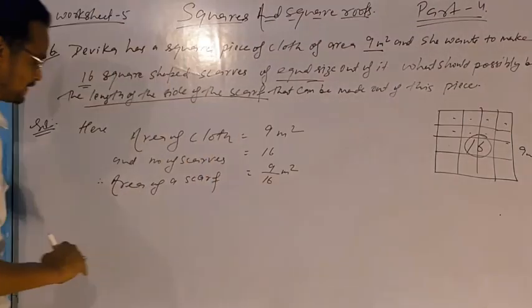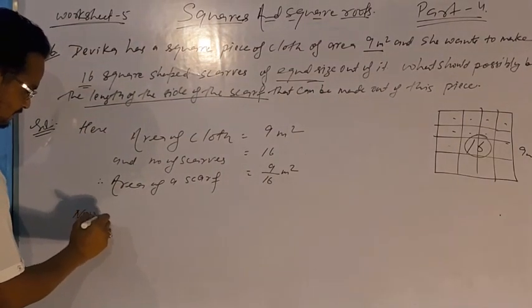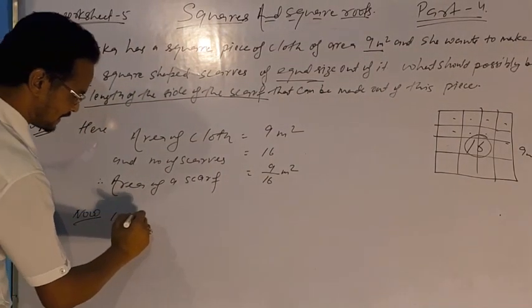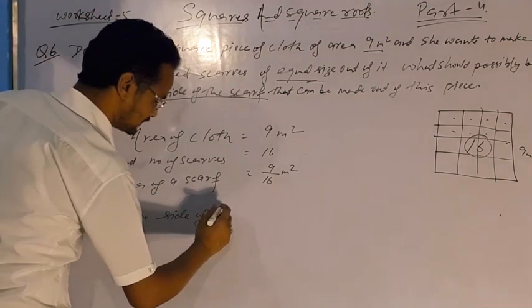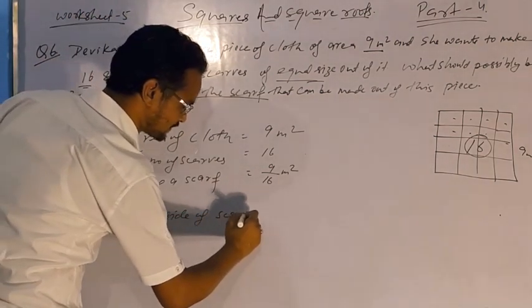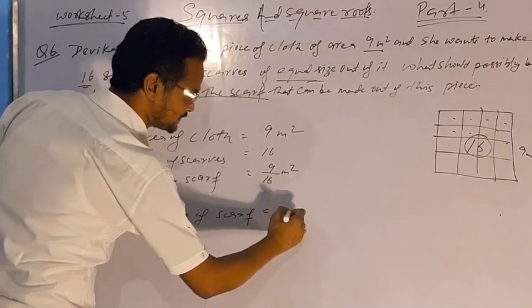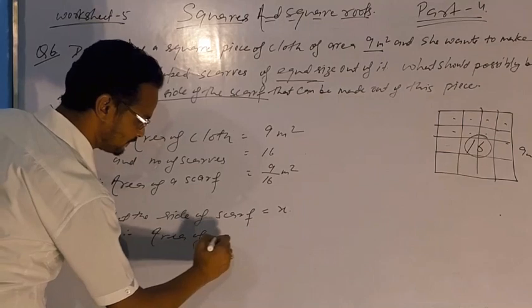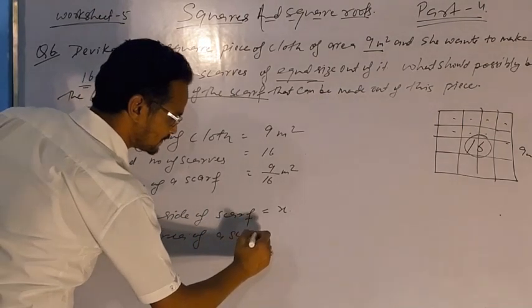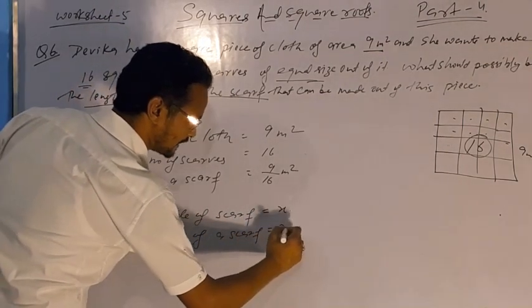Is it clear? Now let the side of scarf be equal to x. Therefore, area of a scarf is equal to x square.